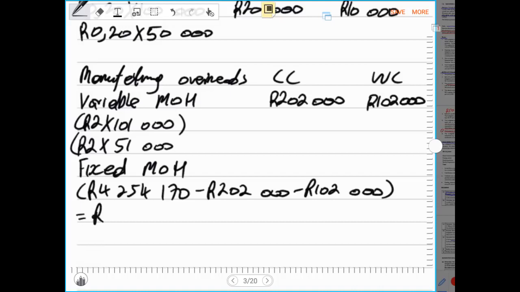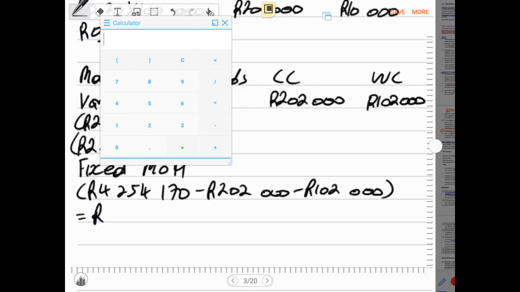Therefore my fixed manufacturing overheads will be a sum of 4,254,170.